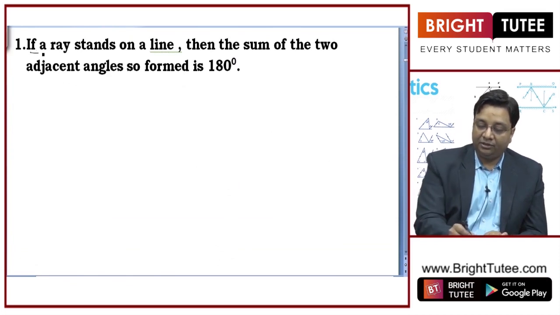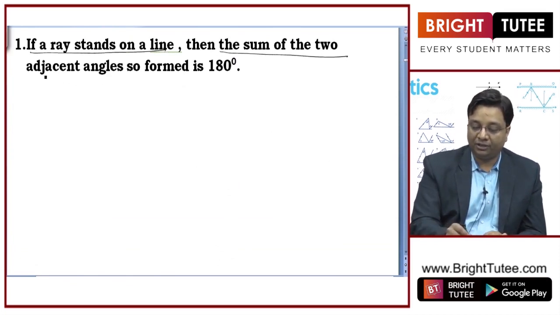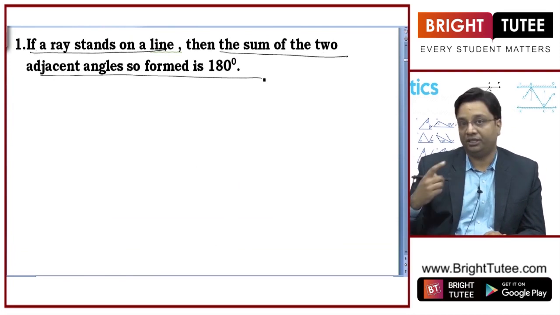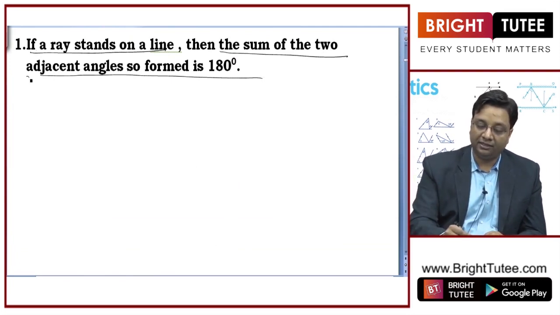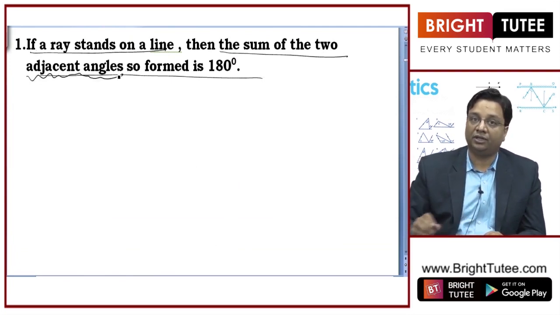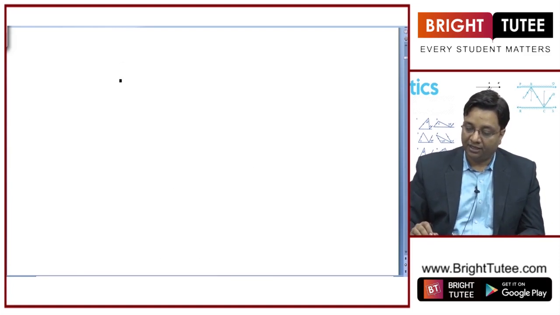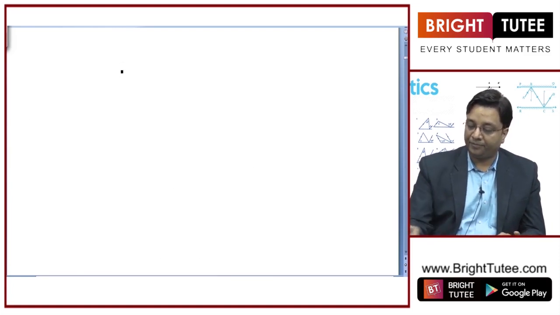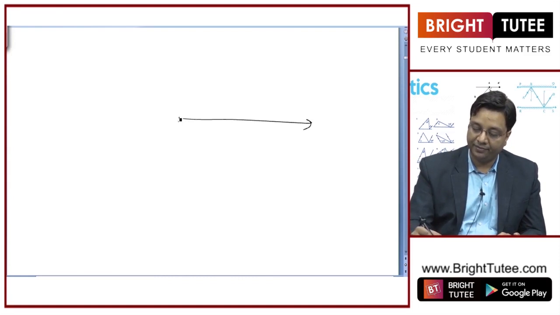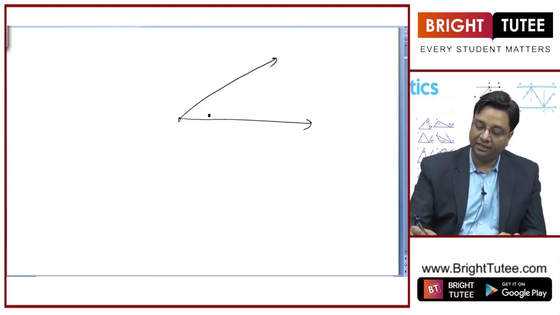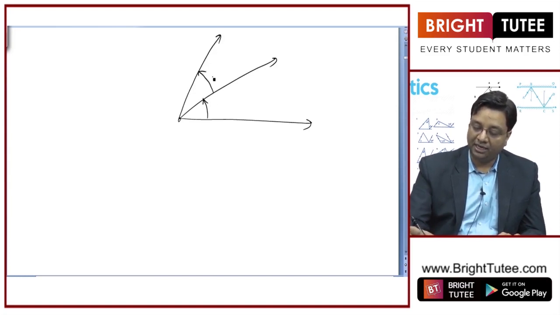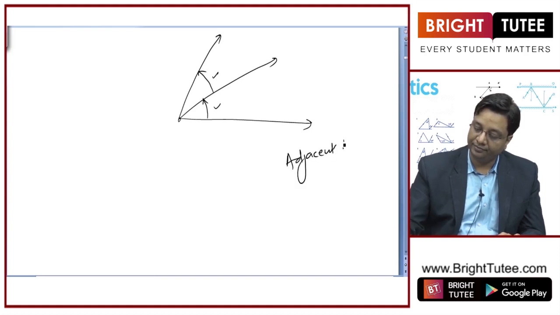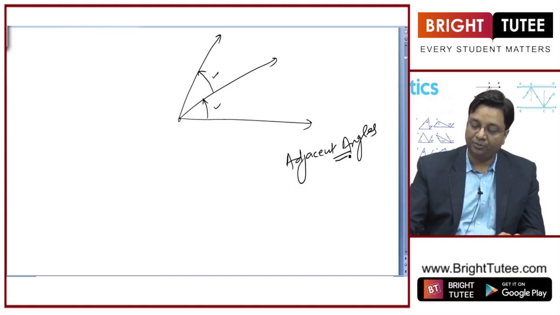If a ray stands on a line, then the sum of the two adjacent angles so formed is 180 degrees. To start this theorem, let us understand what adjacent angles are. Let us say there is this ray and we make an angle here, and we make another angle here. These two angles are adjacent angles. Now, what are the properties?